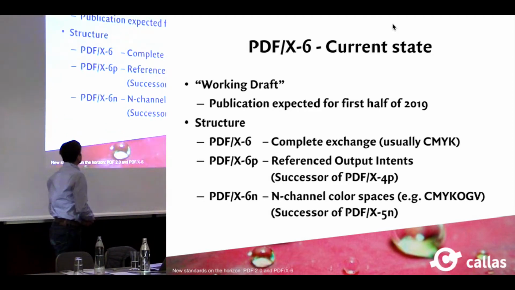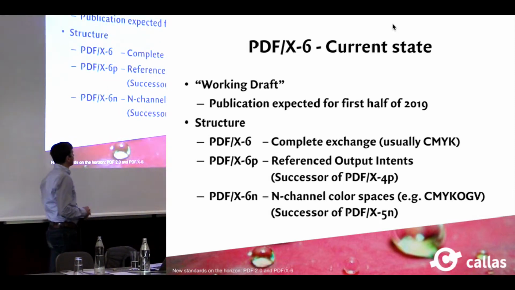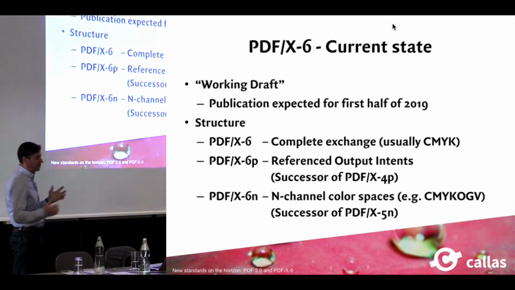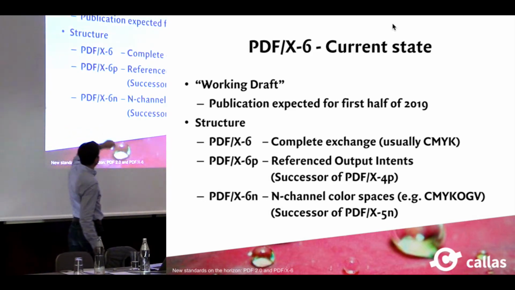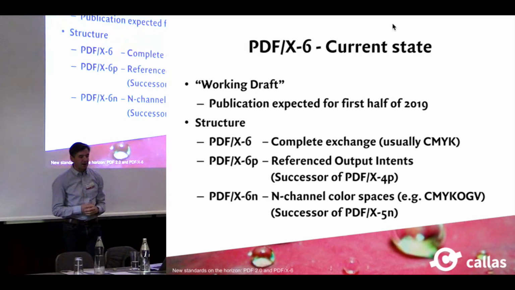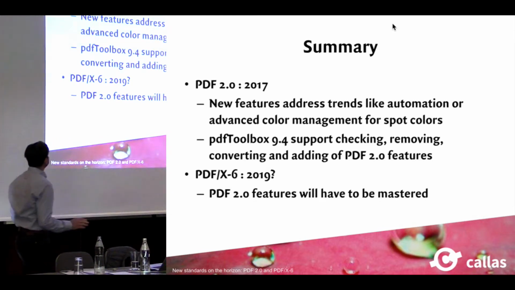PDF X6P will be the successor of PDF X4P with external output intent, so the output intent ICC profile is not embedded, and XN will be the successor of PDF X5, and for bigger color spaces like a 7 color space, for instance.